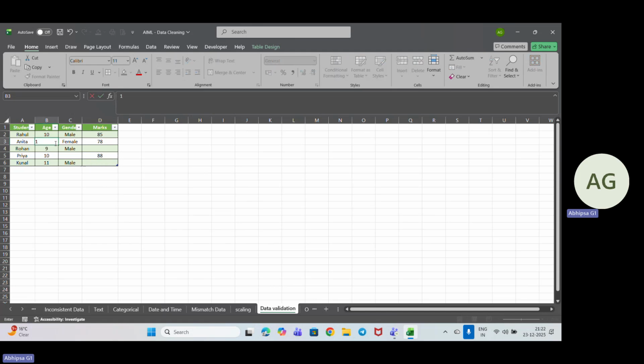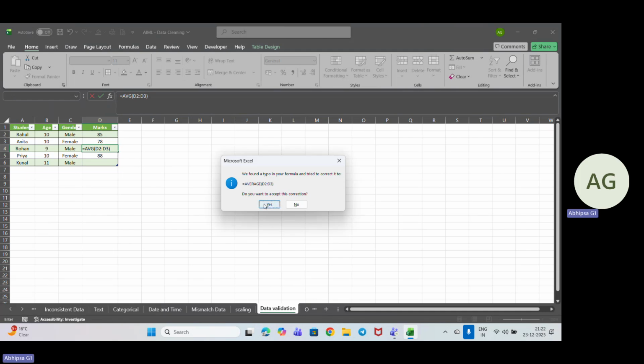Let's suppose taking the forward filling option, so getting it filled like this. Based on the name, we can find out that this is a female, so we'll take it as female. And suppose for Rohan, we'll take the average of these two and we'll get an average.